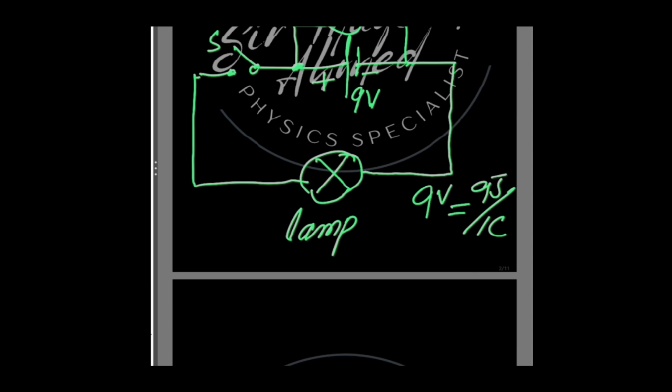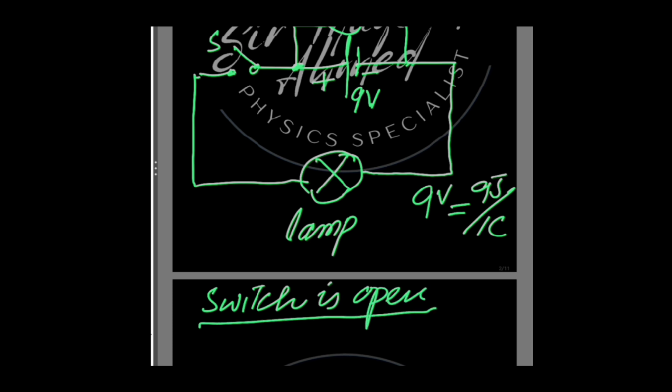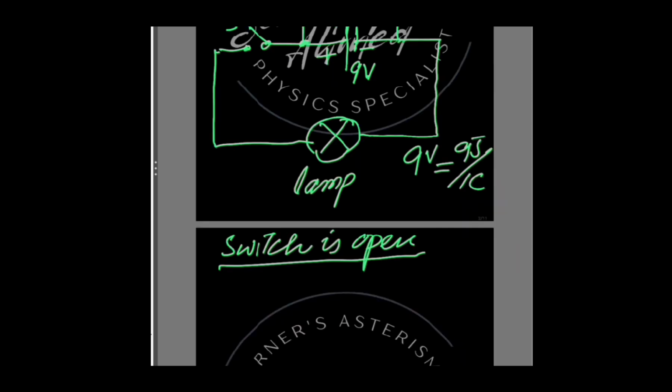If we look at the reading shown on the voltmeter, when the switch S is open, no current is flowing in the circuit. We check the reading of the voltmeter. The voltmeter will show 9 volt, which is our E.M.F.